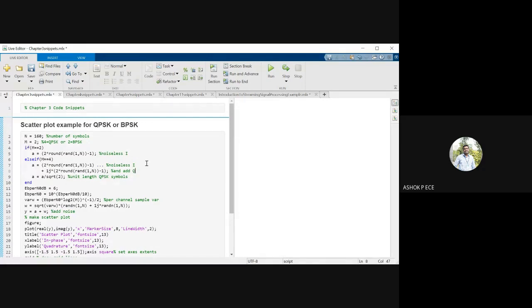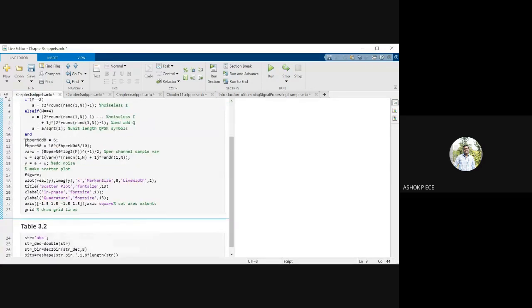In phase represents cos, and cos is a real number. Quadrature phase represents sine, and sine is going to be the imaginary term. So that is what is added here. If M is 2, I consider only the in phase because I'm grouping only 2 symbols. When I go for grouping of 4 symbols, I need both the real term and the imaginary term. And I'm dividing by square root of 2 for normalizing my symbols.